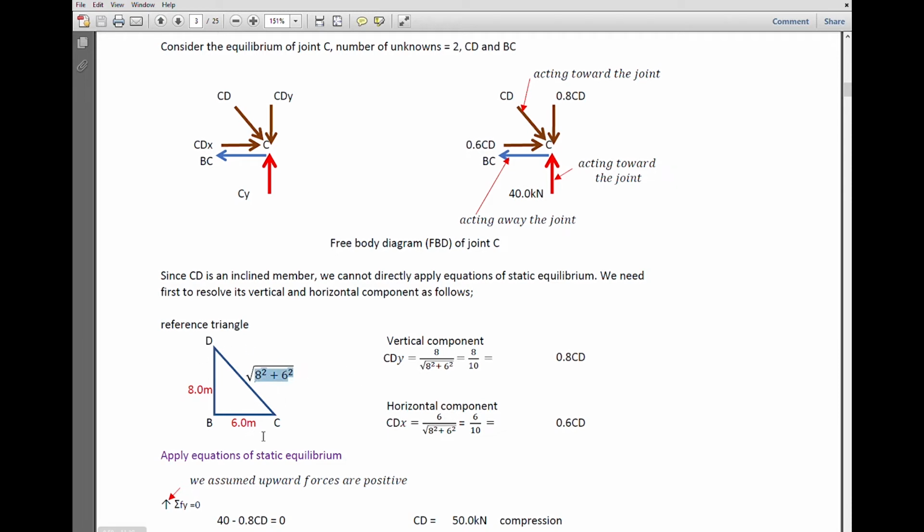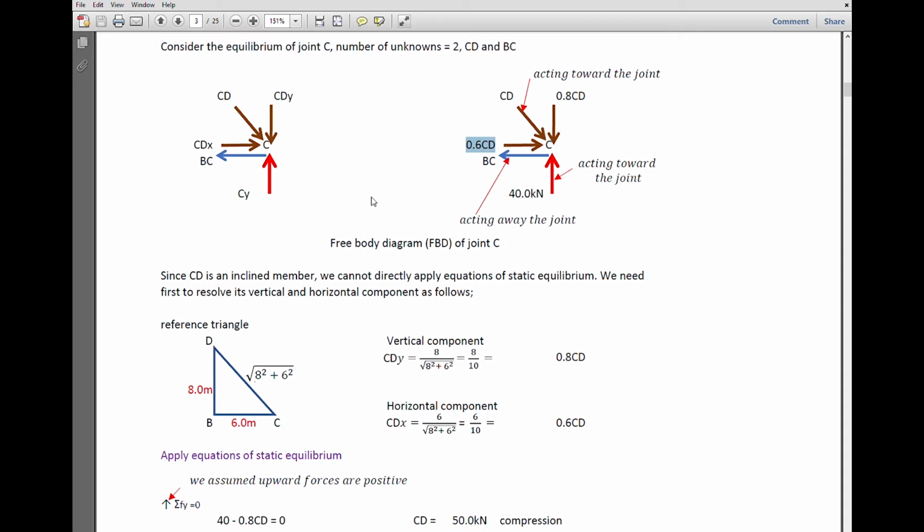Then, for the horizontal component, this is equal to 6 divided by itong length na ito. Okay, so that is equal to 10 if we solve. Yan. Pagkasinolve natin, that is equal to 10. So, pag ginawa natin yung ratio, itong vertical component natin is 0.8 of CD, at saka yung horizontal component naman is 0.6 of CD. So, papalitan na natin itong value ng vertical component that is 0.8 at saka yung horizontal naman that is 0.6 of CD.